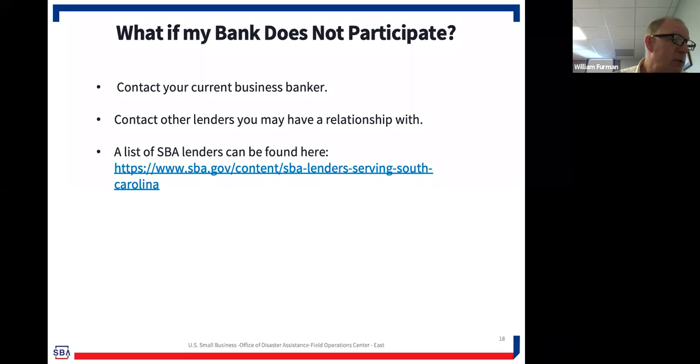They still had not received their funding, had not gotten a loan obligation from SBA. So that's going to be a sore point for a lot of people that did apply with a bank. The bank said they would do it, but just due to the overwhelming number, they didn't get to the application. So that's going to be a hot topic and a kind of a sore point. But hopefully we'll get additional funds and that will work itself out too.